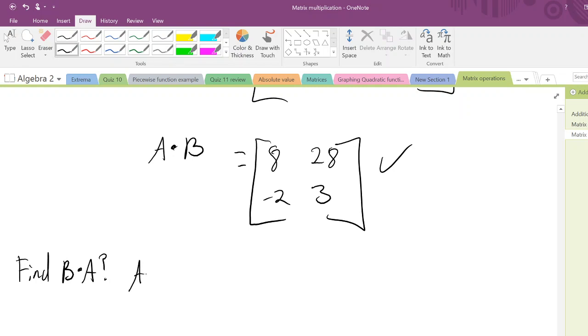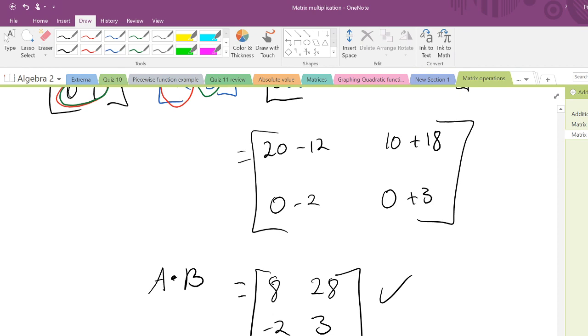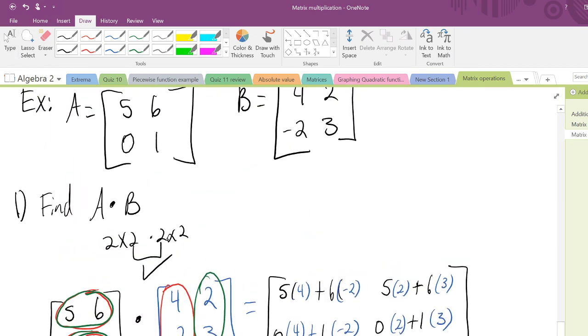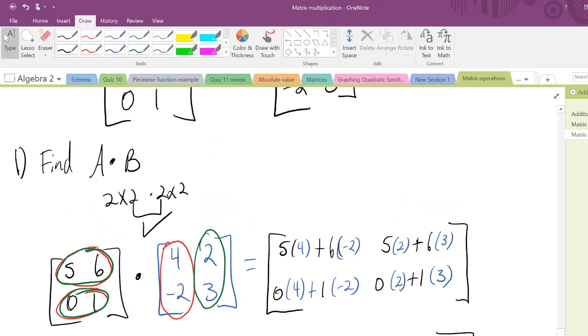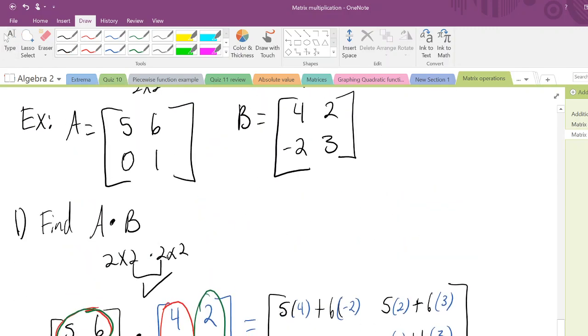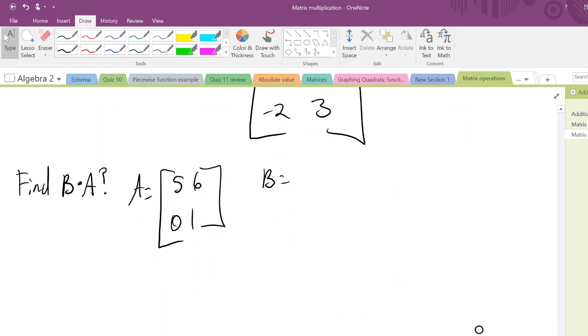So we said A was 5, 6, 0, 1. And B is equal to 4, 2, negative 2, and 3. Now, B times A. So I'm going to put my B first.